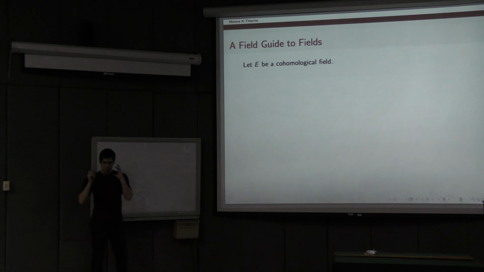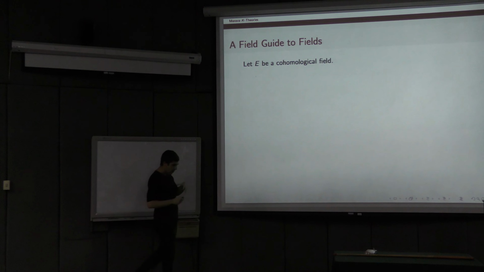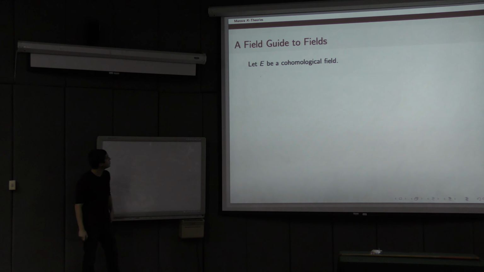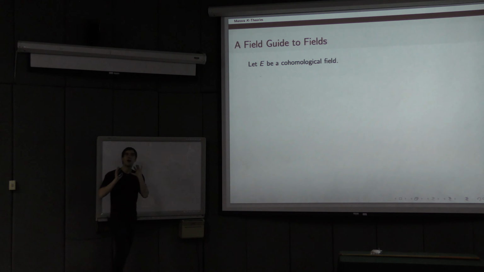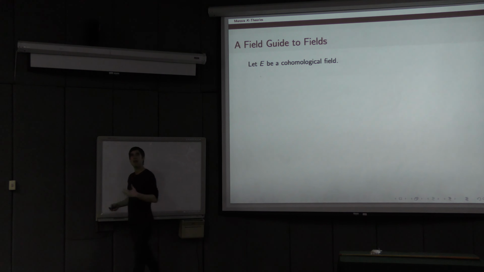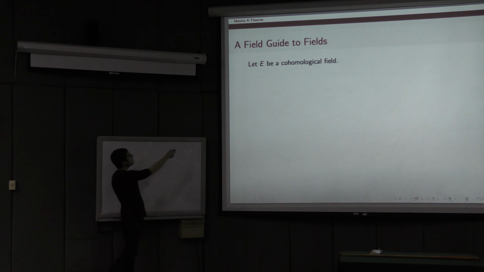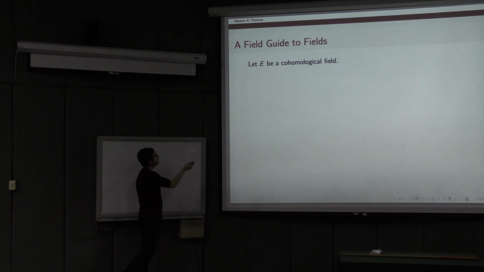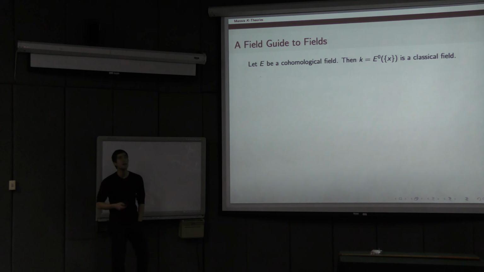All right, so now let me answer Ernesto's question from earlier about what the characteristics look like in this world of cohomological fields. So I want to describe to you the classification of cohomological fields up to this equivalence relation of having the same characteristic. So let's suppose that E is a cohomological field. And the first thing that you can do is extract from E an ordinary field.